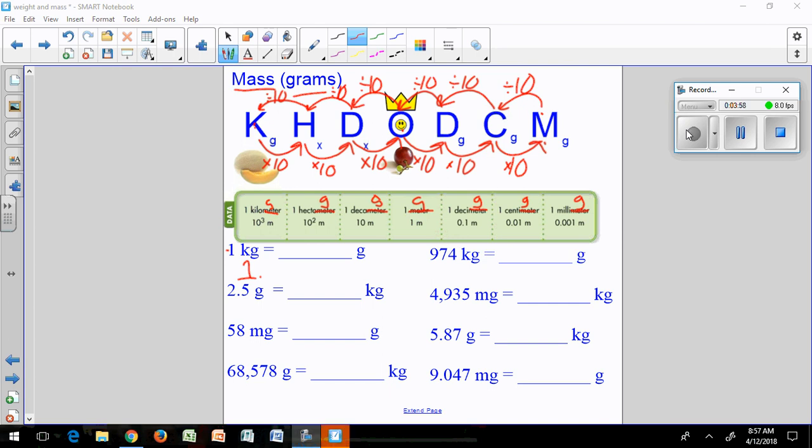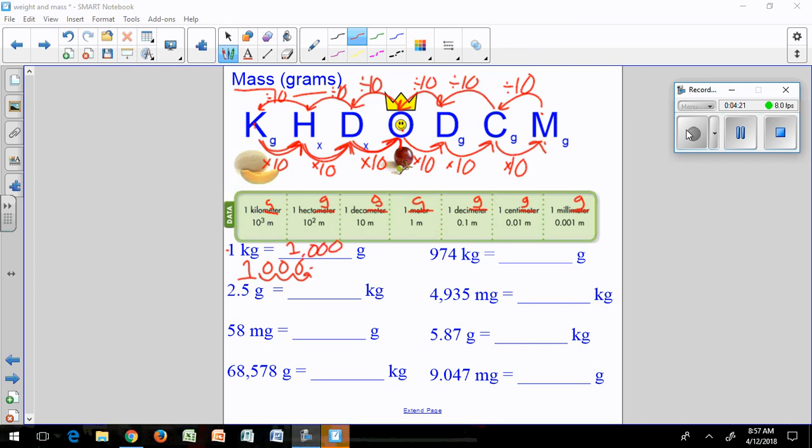Just a normal everyday gram. So I'm going 1, 2, 3 spaces to the right. So I'm just going to move my decimal point 1, 2, 3 spaces to the right. And put it there.